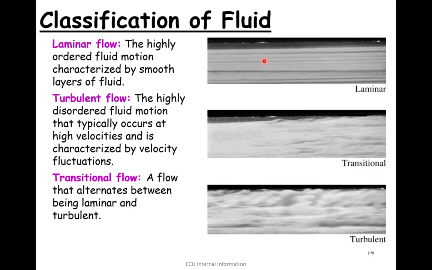Okay, another classification in terms of state of flow, we call it laminar flow, turbulent flow, and transitional flow. Okay, first things first. In public, when we talk about turbulent, it means everything moving here and there. But in terms of fluid mechanics, this is not how we define turbulent.